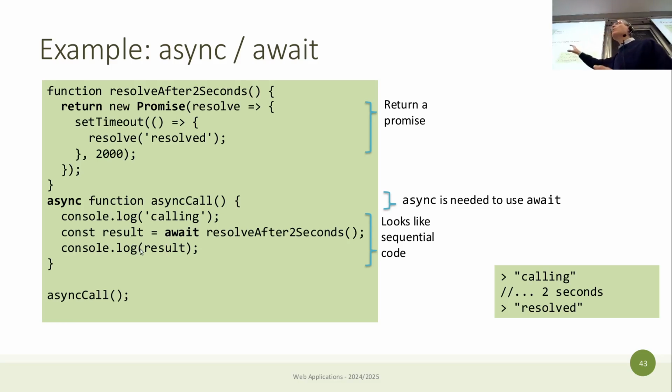And to do this, actually, inside the JavaScript environment, the function returns a promise, okay? It has to return a promise, because I need to store the result of this asynchronous operation in some way. And the way in which it does is using a promise, okay?